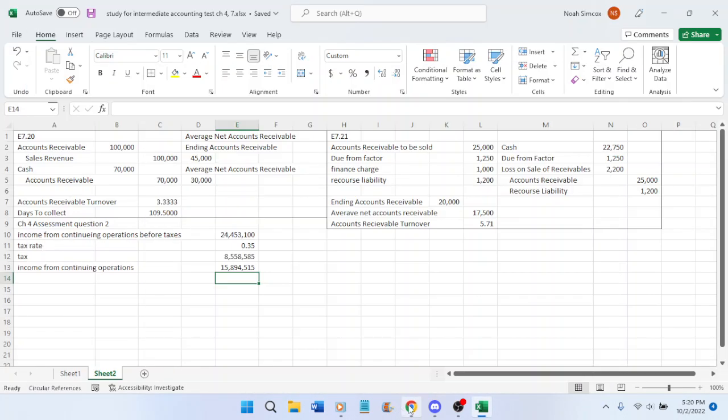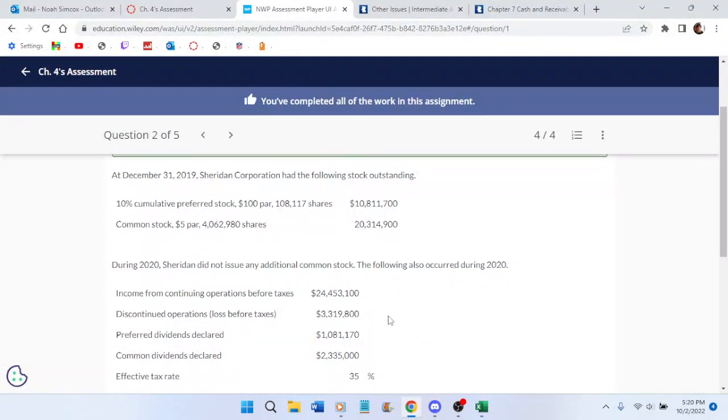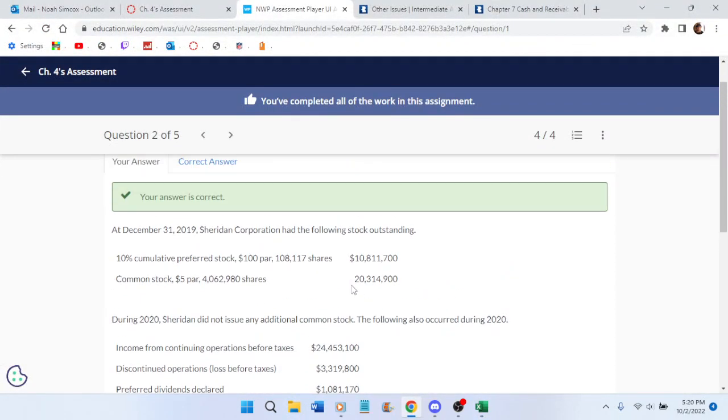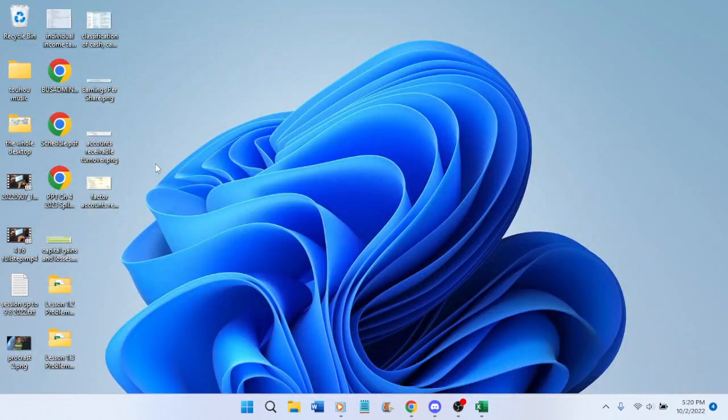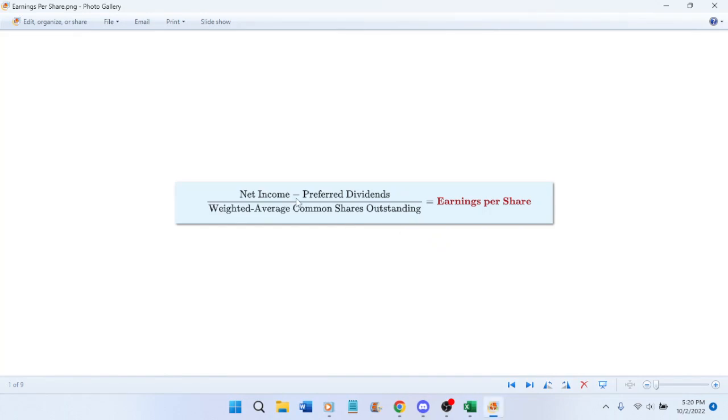So now, earnings per share. So net income minus preferred dividends.